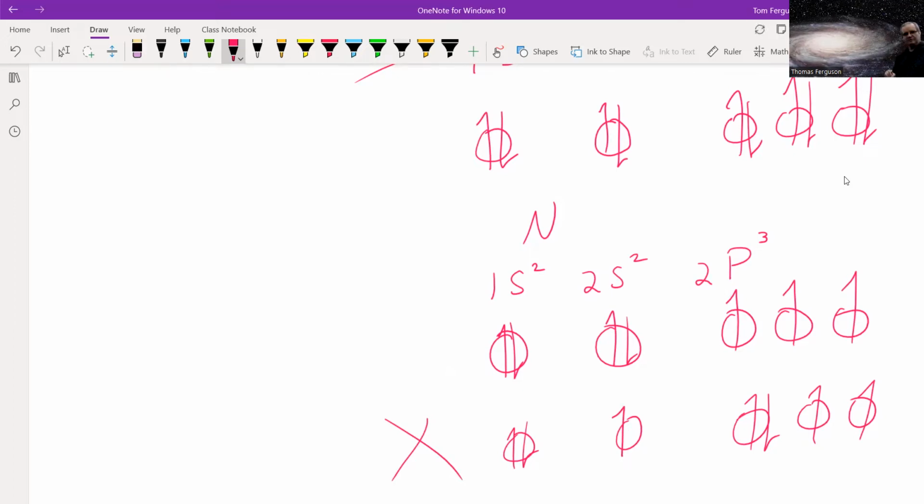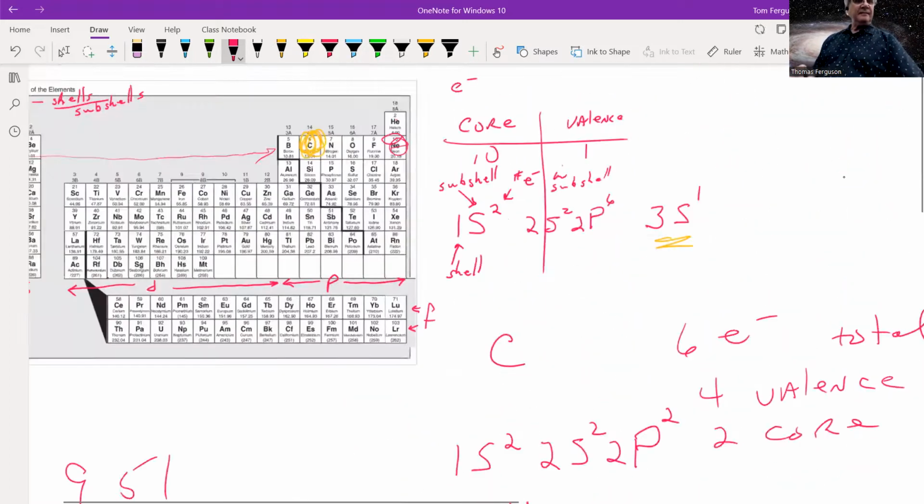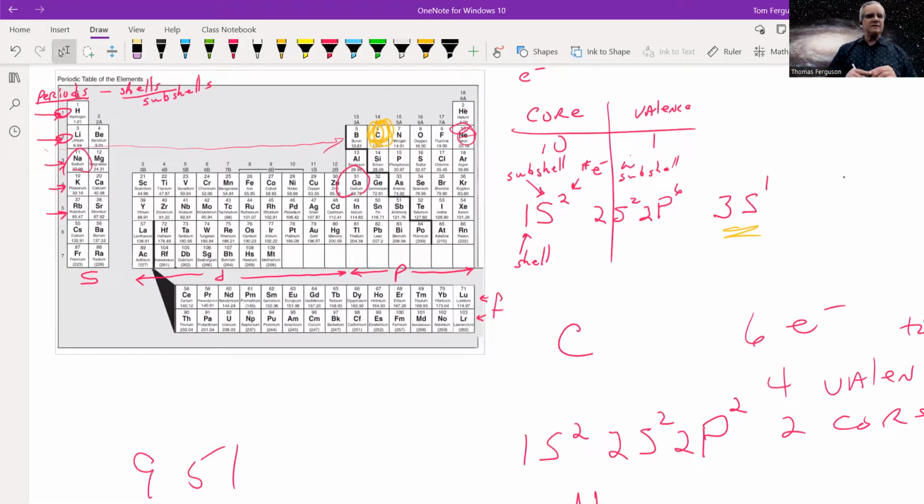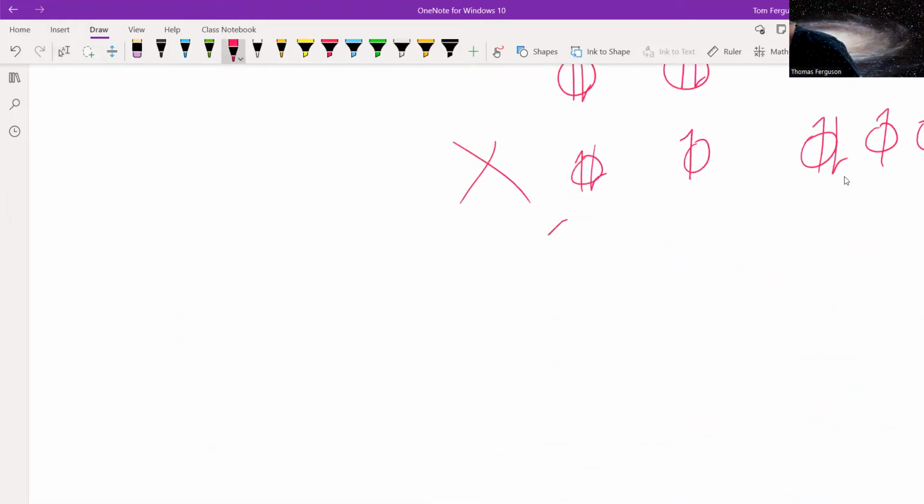Okay, so let's do some more here. Now let's get into row or shell number 4. Let's do gallium. Now notice gallium is in shell number 4, and it's located in the p block of shell number 4. So it's the same old thing.